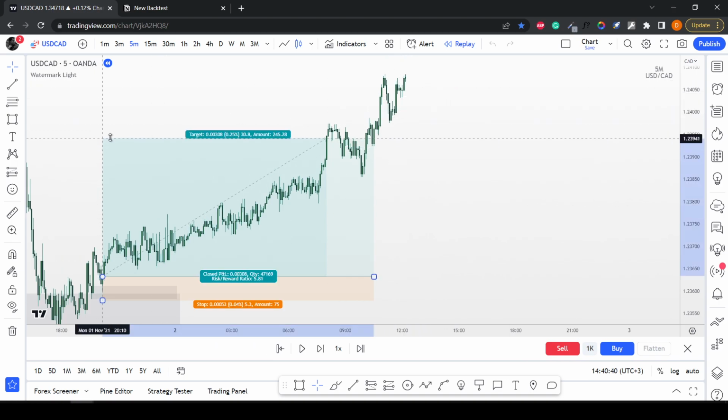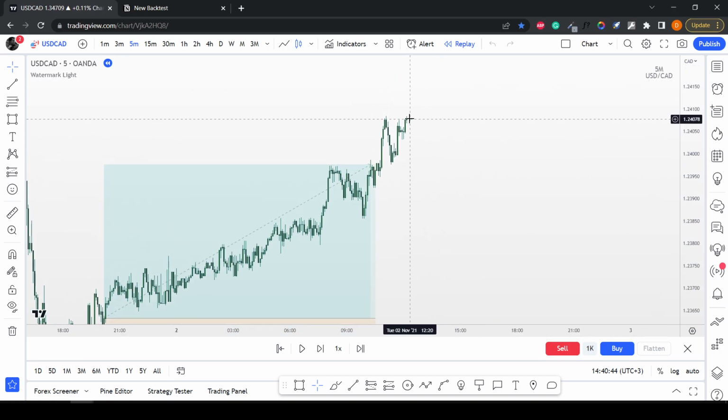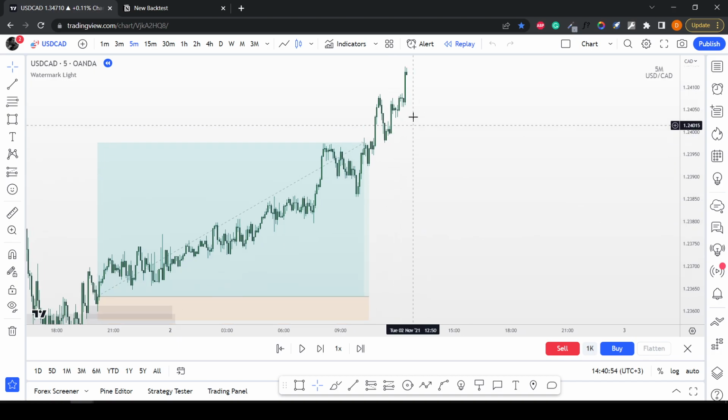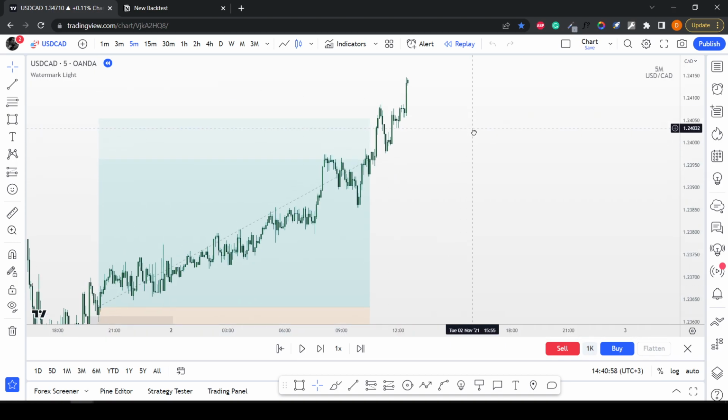So I will trail to this low, because basically I expect the price to either break up from here, or if it goes down and liquidates this, it will definitely liquidate these lows as well. So we go even higher, trail more aggressively.